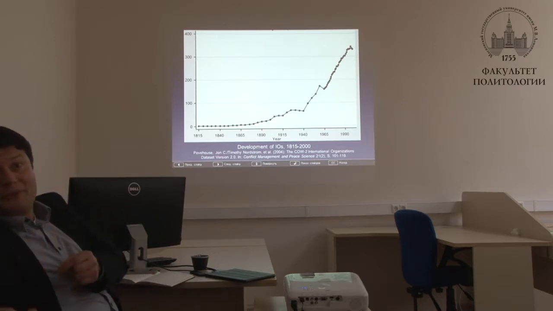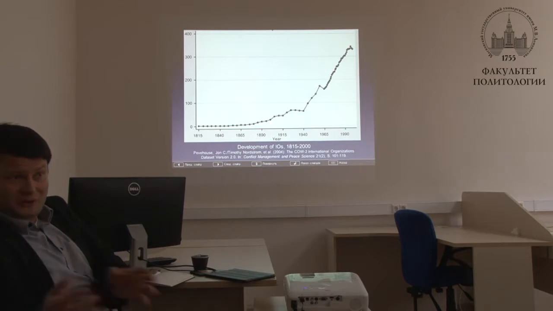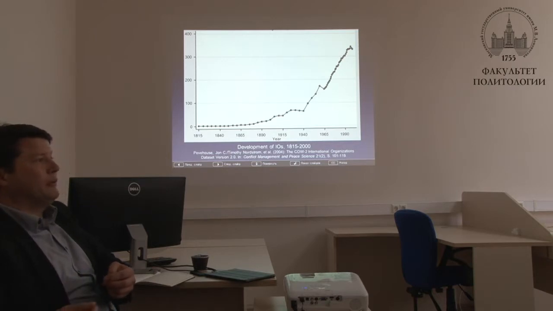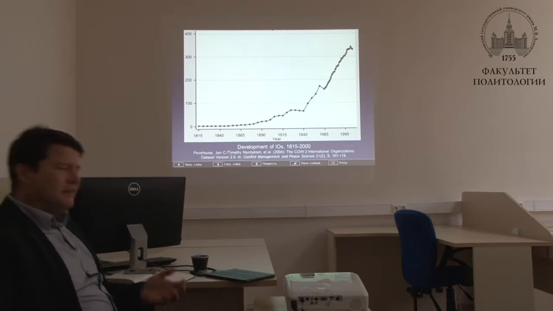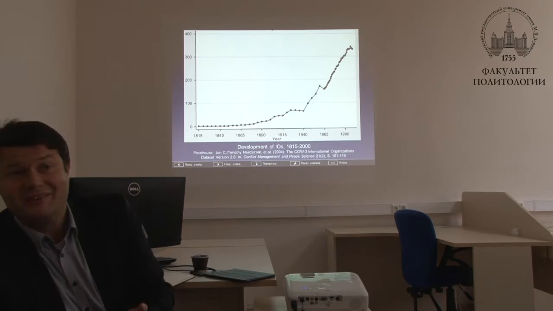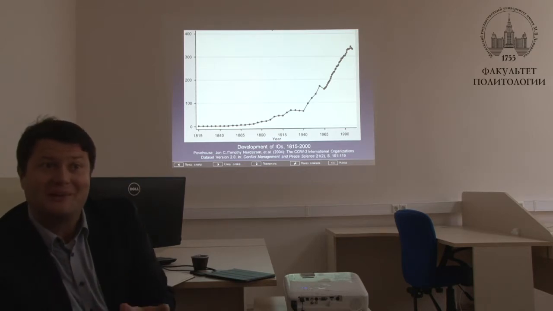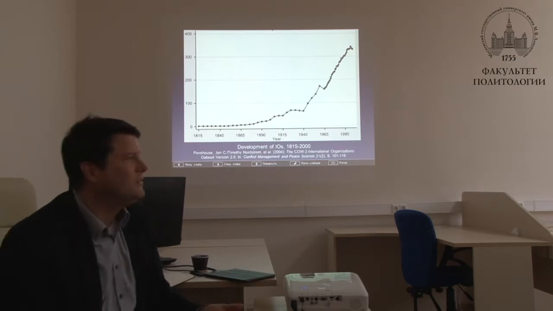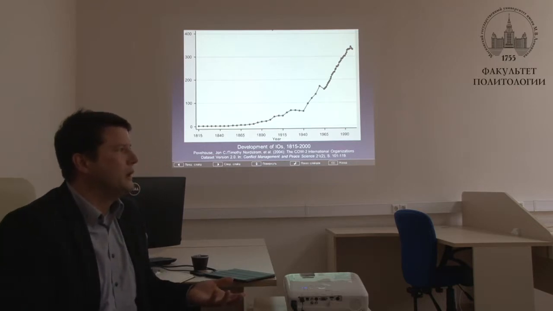Sometimes you don't start with the hot topics. Sometimes you start with the cold topics, with the easy ones to deal with. So in some cases you start with economic cooperation, because it is much easier to find a solution in economic terms than in security terms, for example. And it's easier because all countries can win, right?